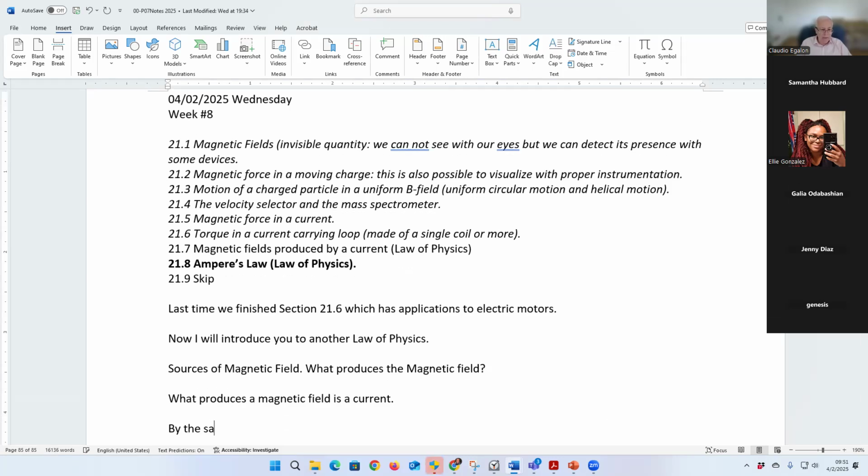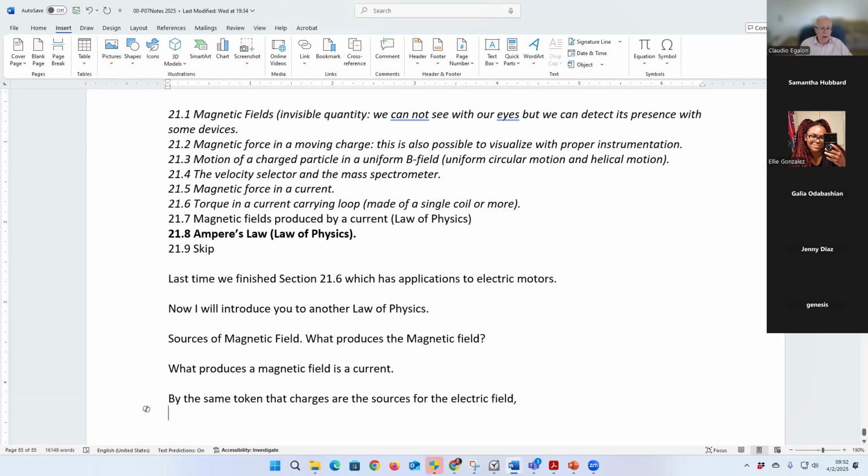By the same token that charges are the source for the electric field, its magnetic counterpart is produced by moving charges.